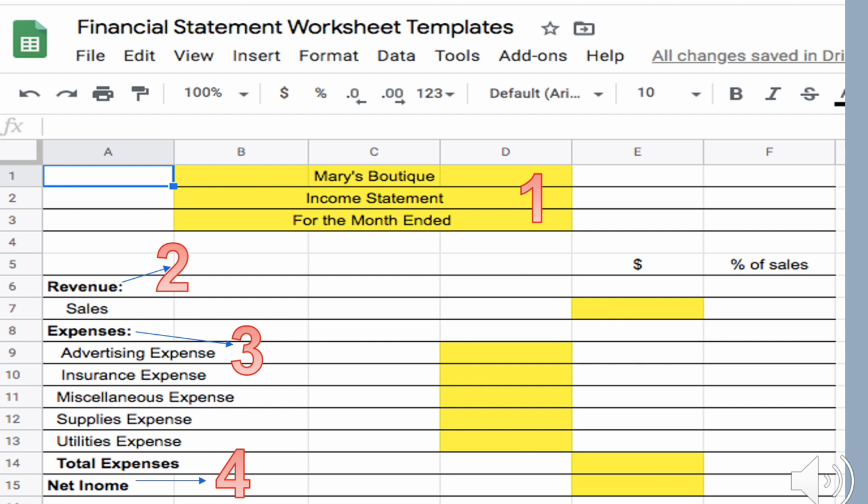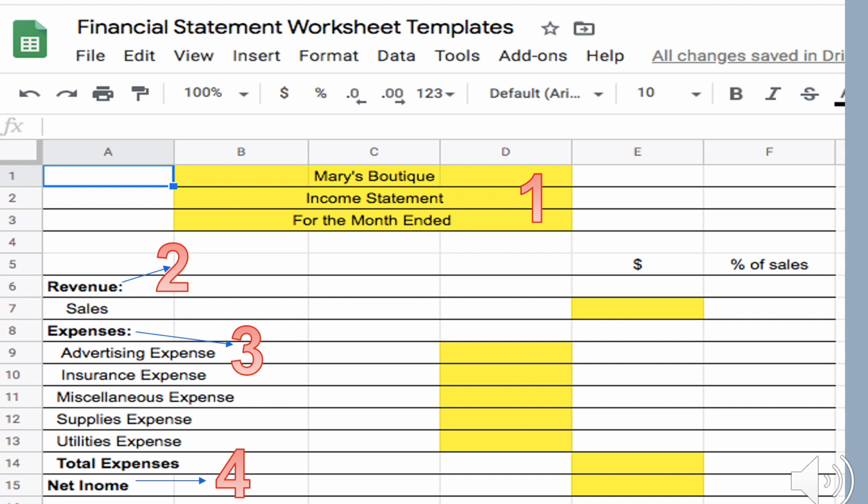Sometimes you will see for the month ended, if a business is large and they have to do a statement each month just for consolidation purposes at the end of the year, to have their figures together. Or if you're in a classroom setting right now, you may get it per month to keep the content short and manageable for you.